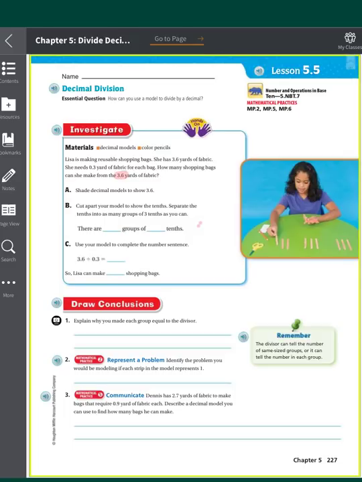And how much for each shopping bag, which is 0.3. So we're going to shade a model to show 3.6.